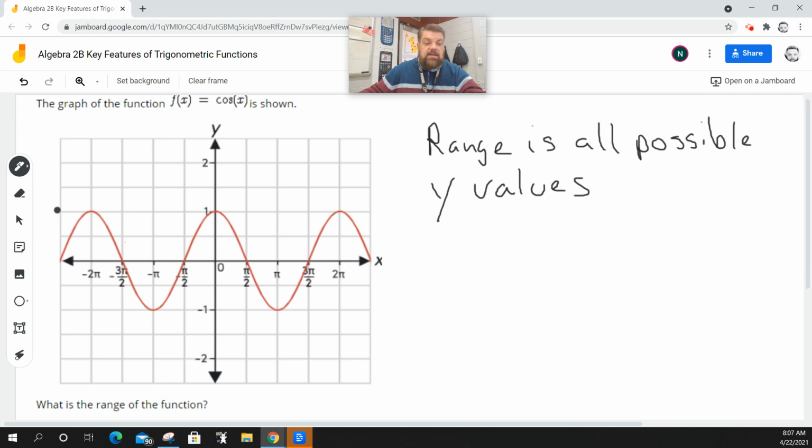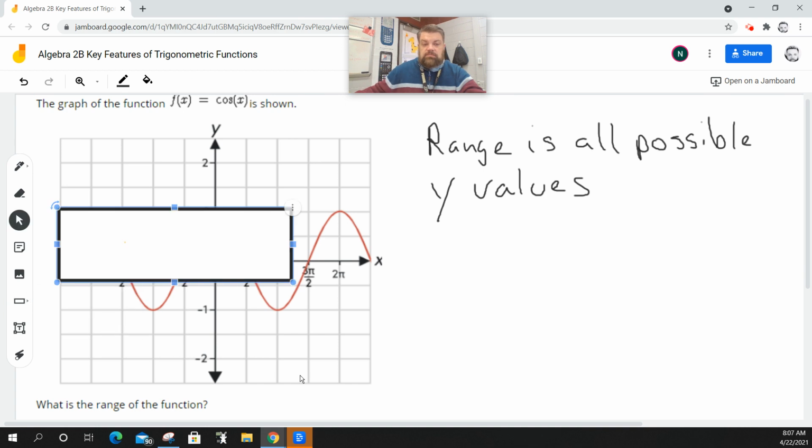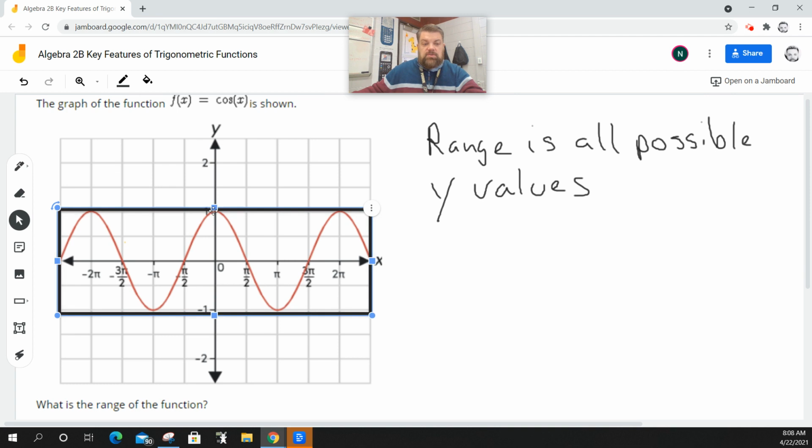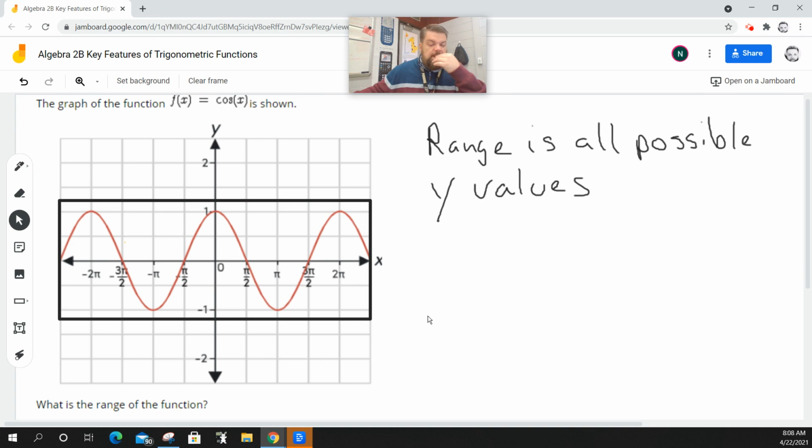So when I look at this, I notice that, well, let me do it a little different here. When I look at this in terms of my y values, it appears that they are trapped between 1 and -1, right?